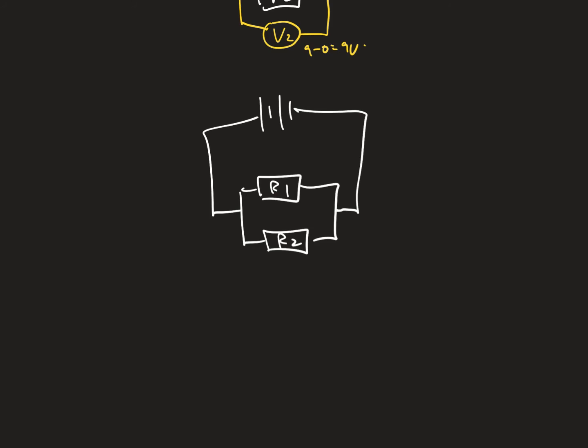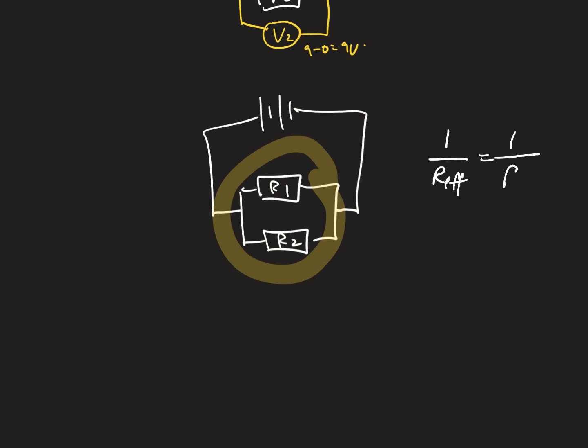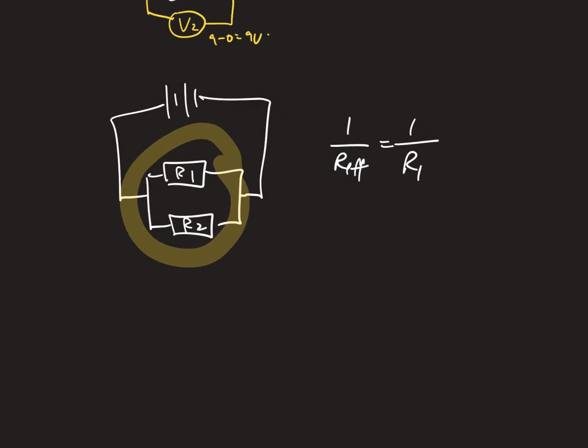Once again, we are trying to represent these two resistors as a total resistance. What's the effective resistance or total resistance? The formula is given by 1 over R effective equals 1 over R1 plus 1 over R2. And that's it.